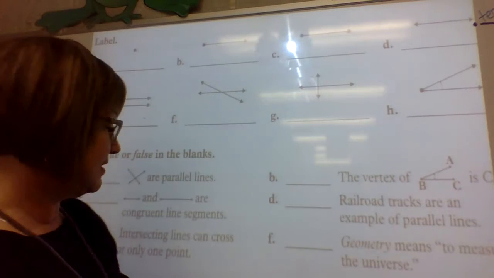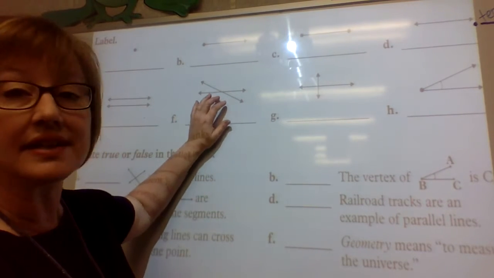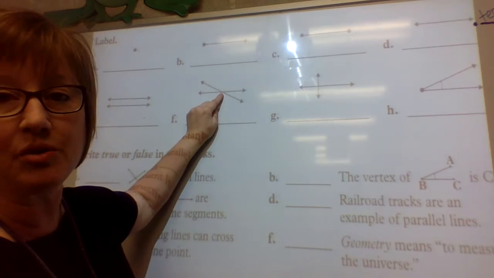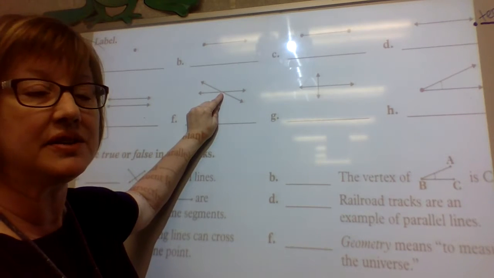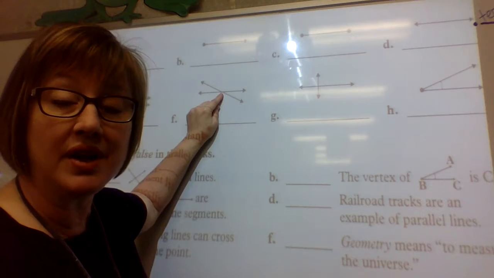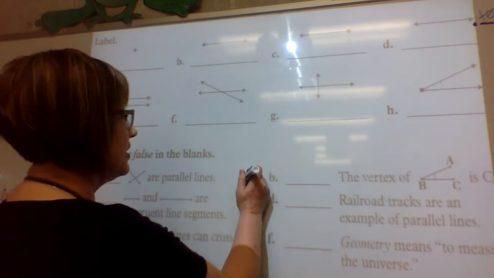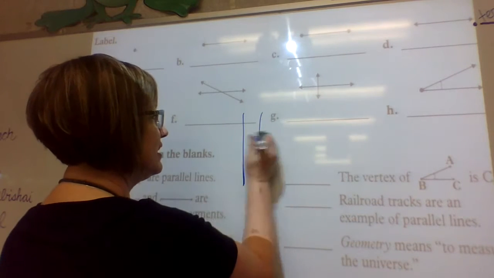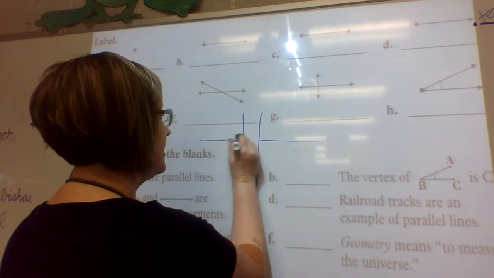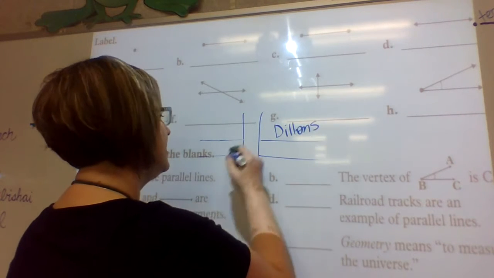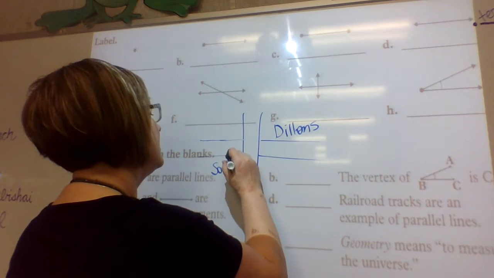Oh, somehow we skipped over this. Intersecting lines. Here's a line and here's a line, and they cross each other at one point. We call that intersecting lines. You've probably heard that word when we drive. When we're driving and we go across a street light, like here's Woodlawn and here's 37th Street and here's Dillon's and here's Sonic, okay?